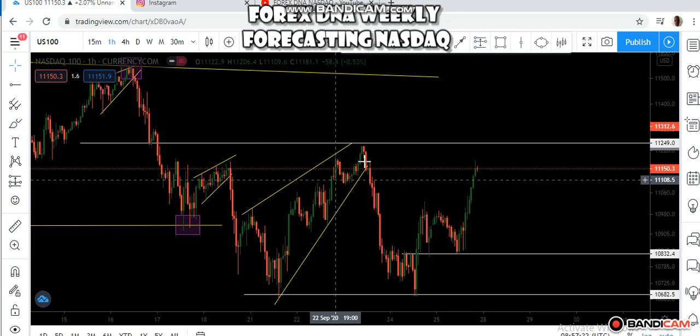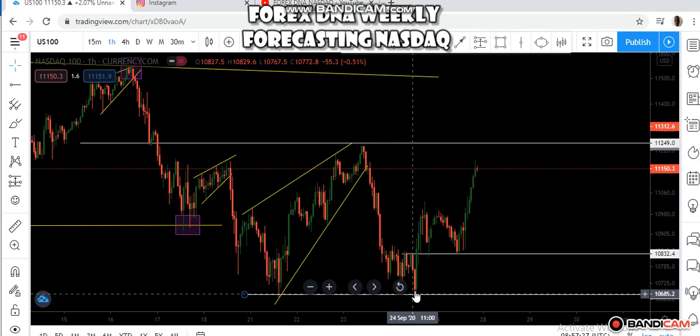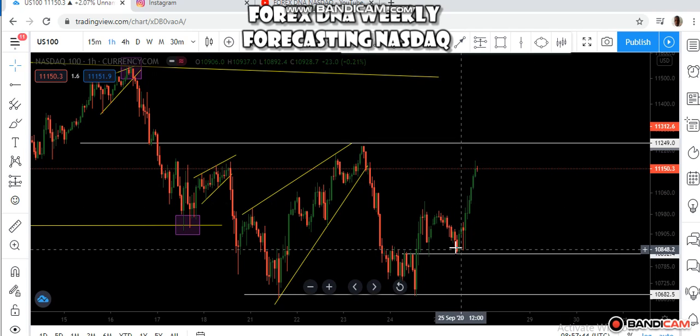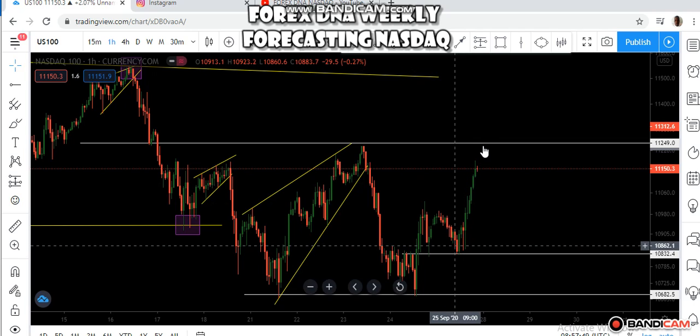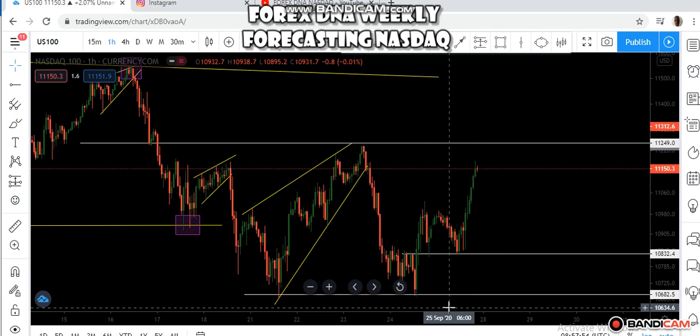So we take our sell somewhere here this week, then we collect our profit somewhere here. After that we take our buy again somewhere here, yesterday. Then we were expecting it to retest at this point before it goes down.